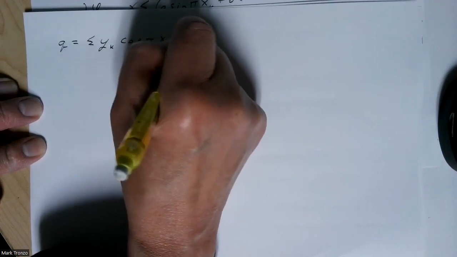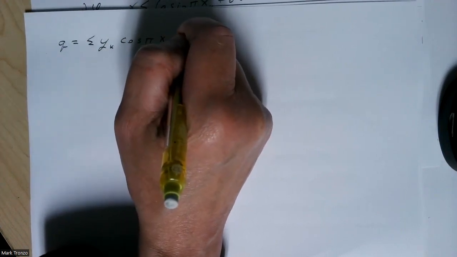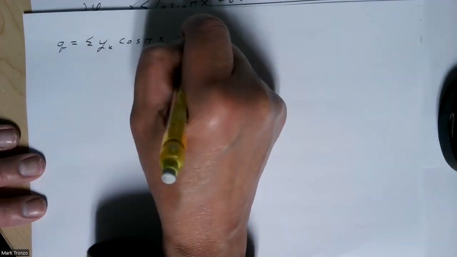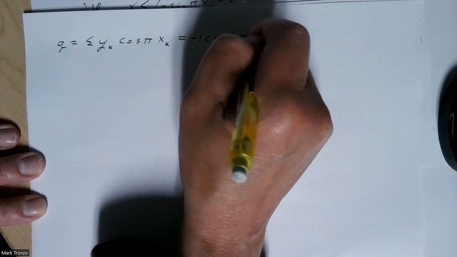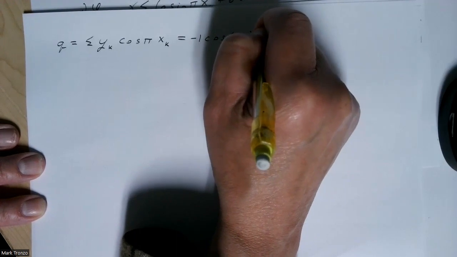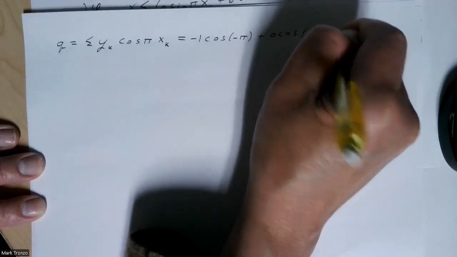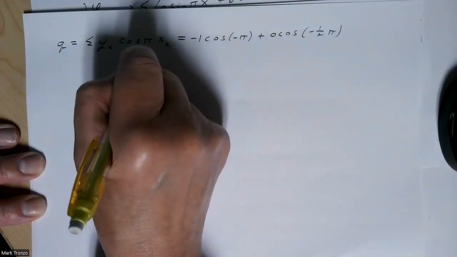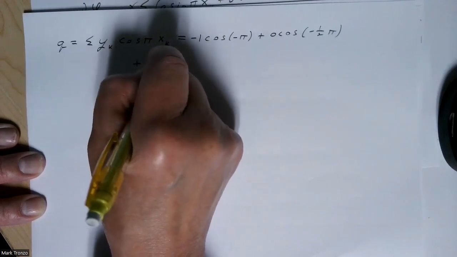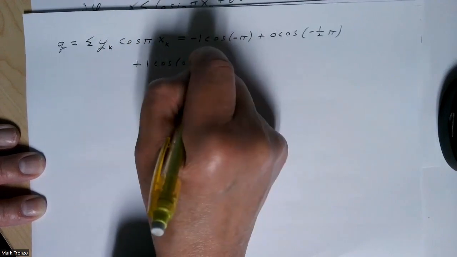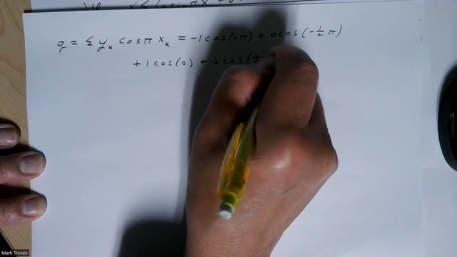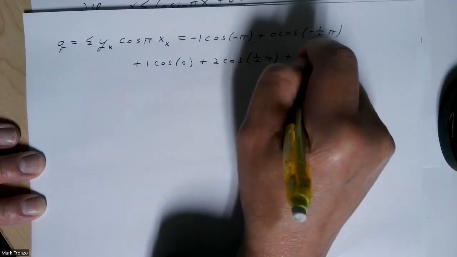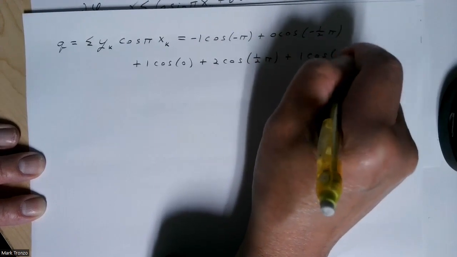Once again, that involves both X's and Y's. We have like -1 cos minus pi plus 0 cos minus 1/2 pi plus 1 cos 0 plus 2 cos 1/2 pi plus 1 cos pi.